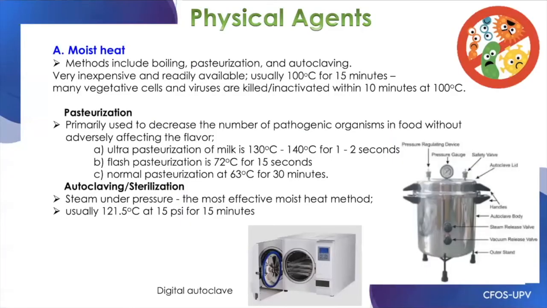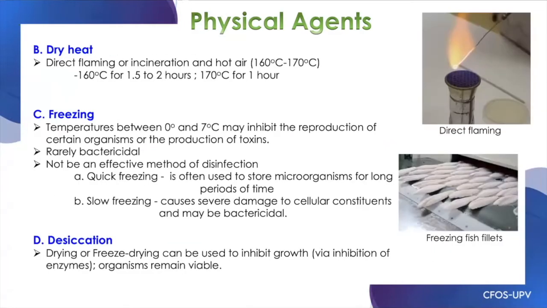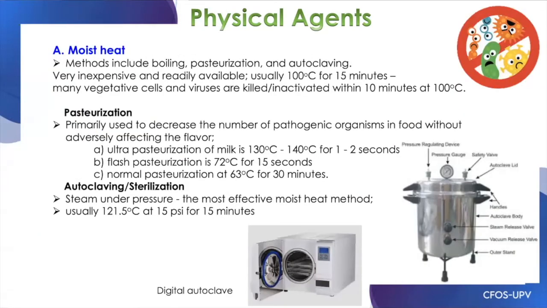So you just read this one. These are the physical agents that we use: the moist heat, under which are pasteurization and autoclaving or sterilization. Take note that autoclaving is the most effective moist heat method.